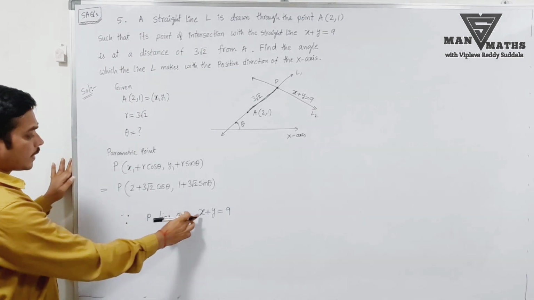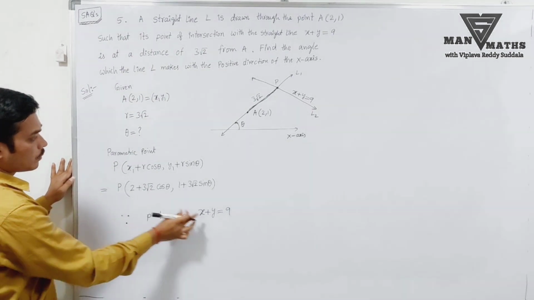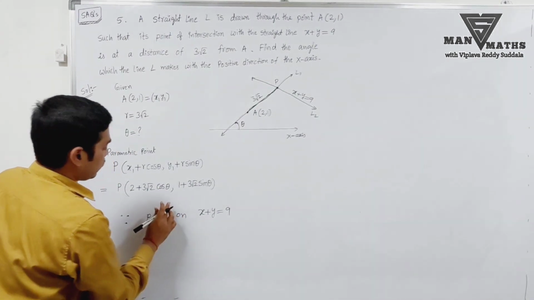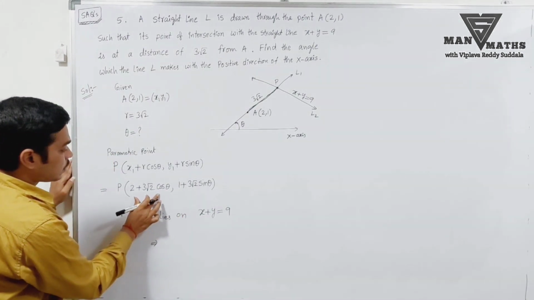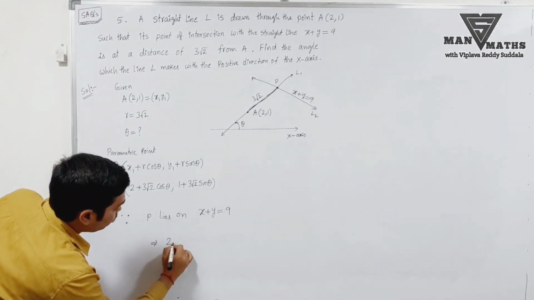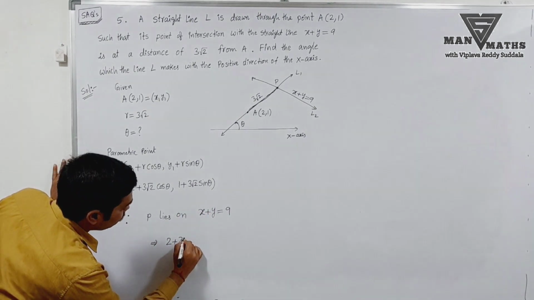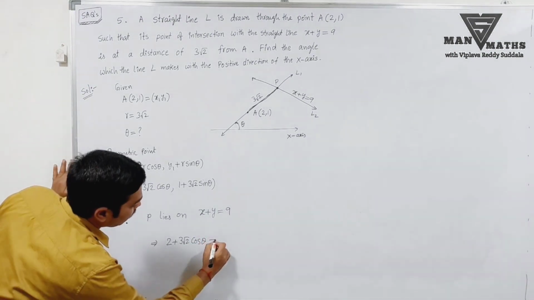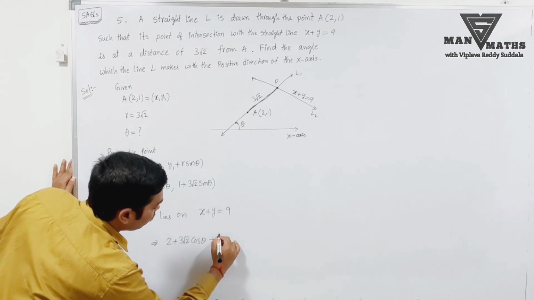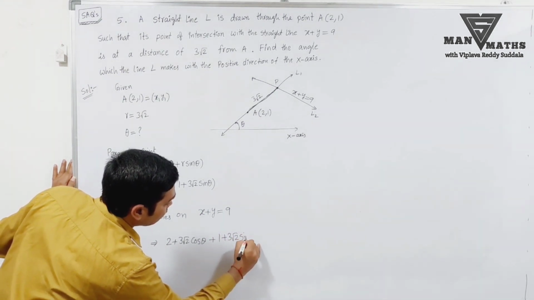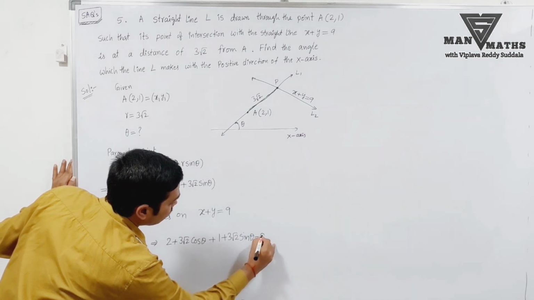So replace x and y in this equation with the x coordinate and y coordinate: 2 + 3√2 cos θ, the x coordinate, plus 1 + 3√2 sin θ, the y coordinate, is equal to 9.